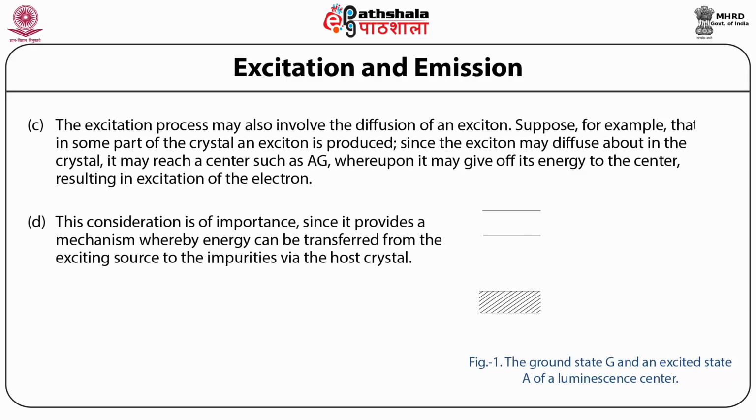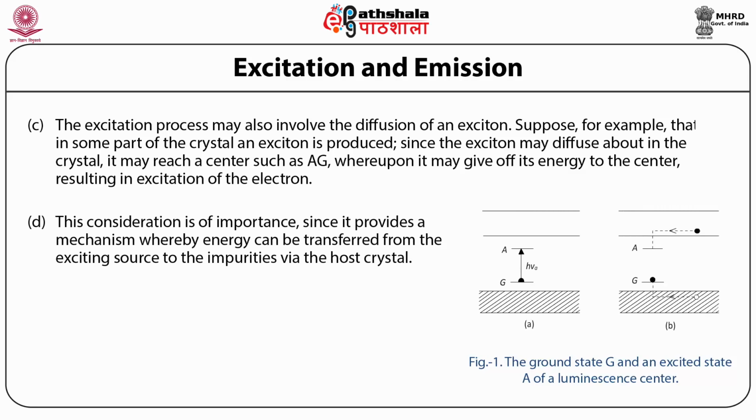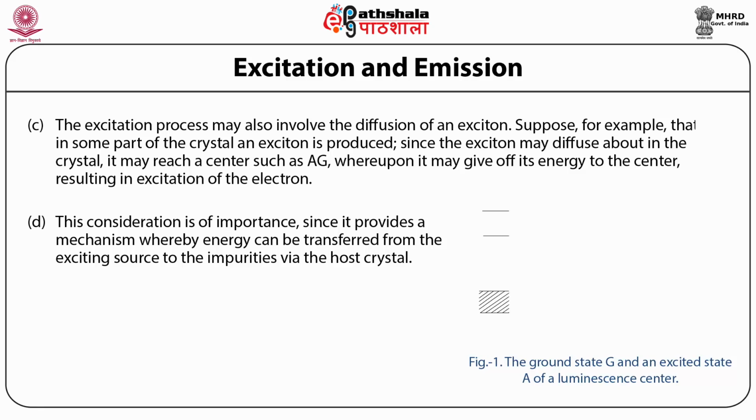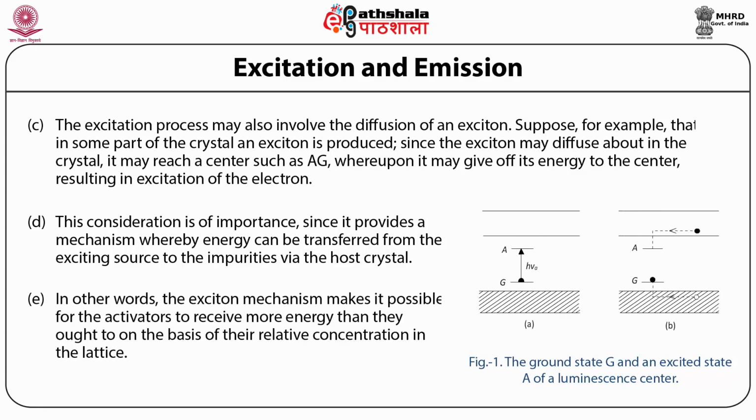This consideration is of importance since it provides a mechanism whereby energy can be transferred from the exciting source to the impurities via the host crystal. In other words, the exciton mechanism makes it possible for the activators to receive more energy than they ought to, on the basis of their relative concentration in the lattice.